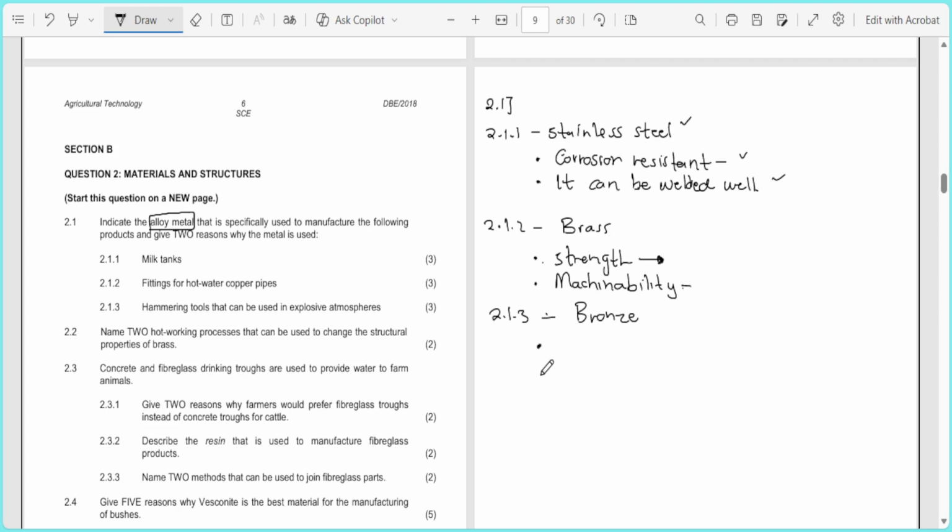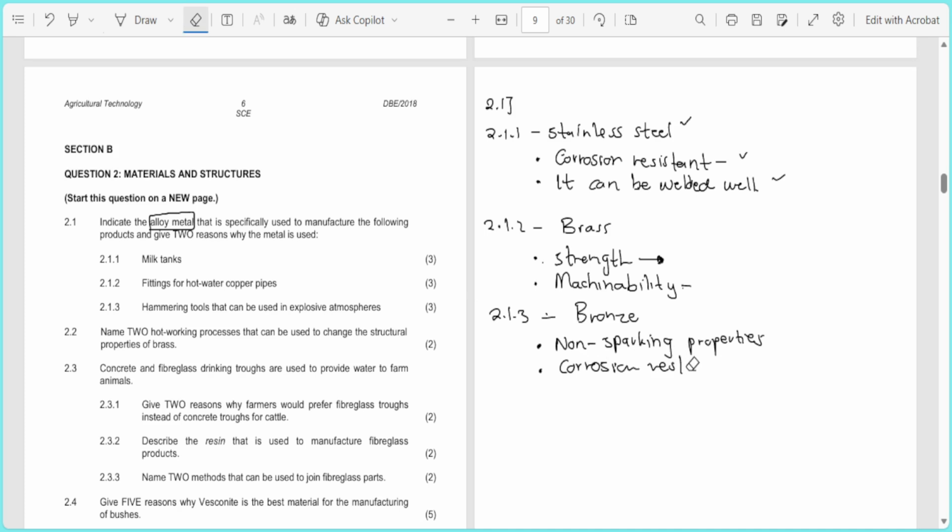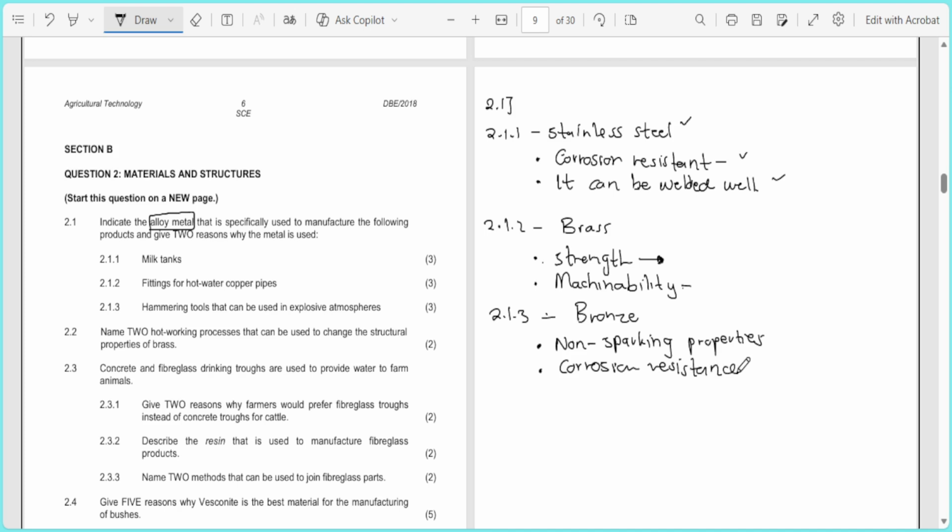So bronze, and the two reasons are its non-sparking properties, and it is corrosion resistant.